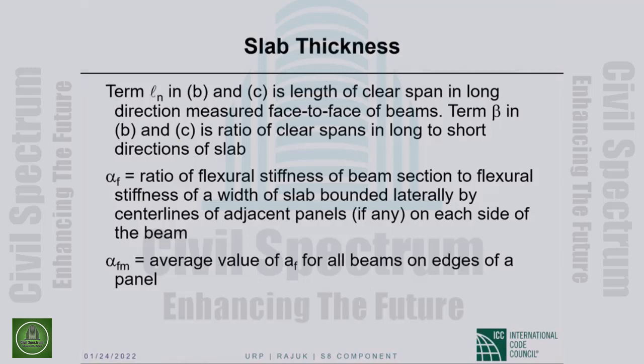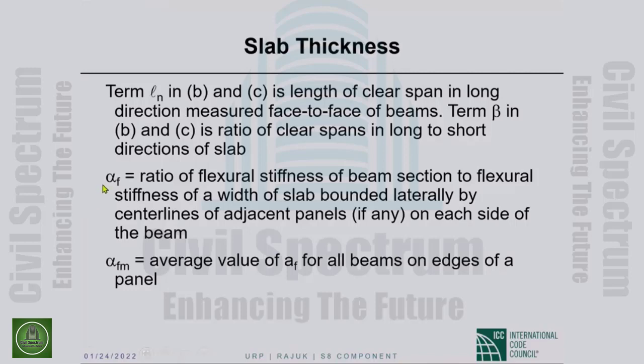So alpha sub f, I will read it again and then I have a picture. The ratio of flexural stiffness of beam section to flexural stiffness of a width of slab bounded laterally by center lines of adjacent panels. So this is center line of panel to center line of panel, the slab width stiffness of that.